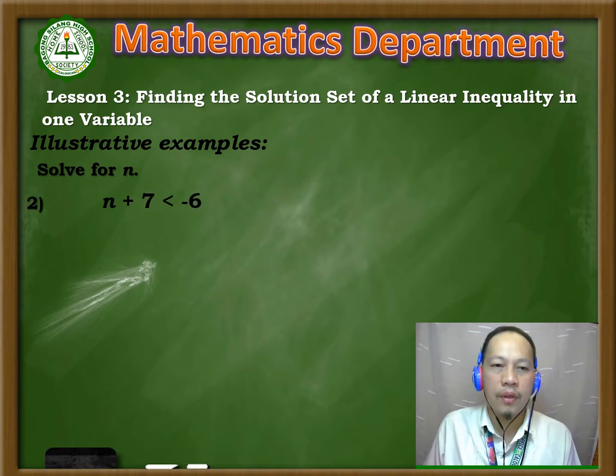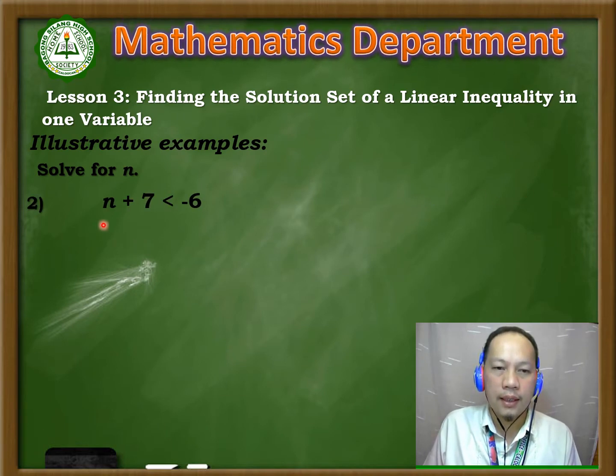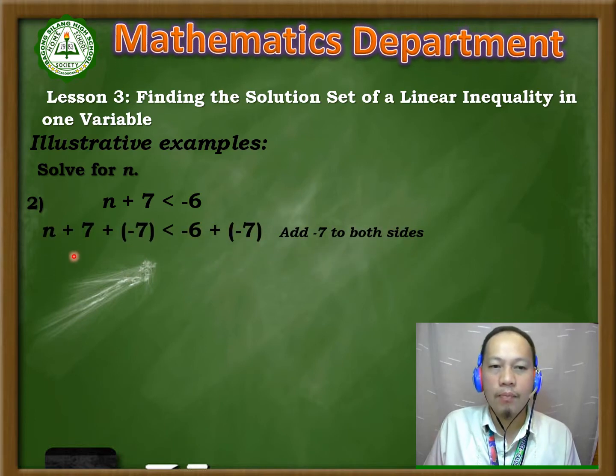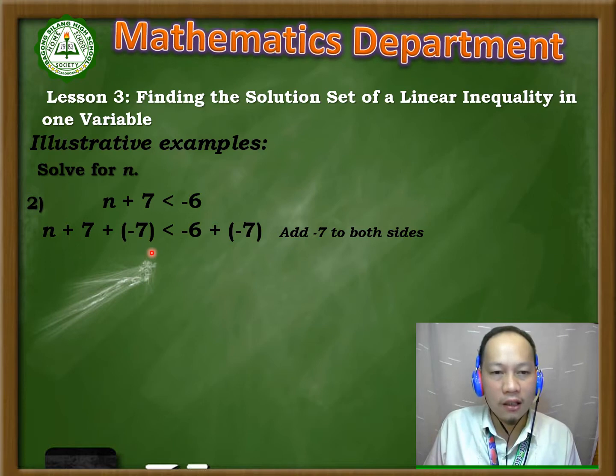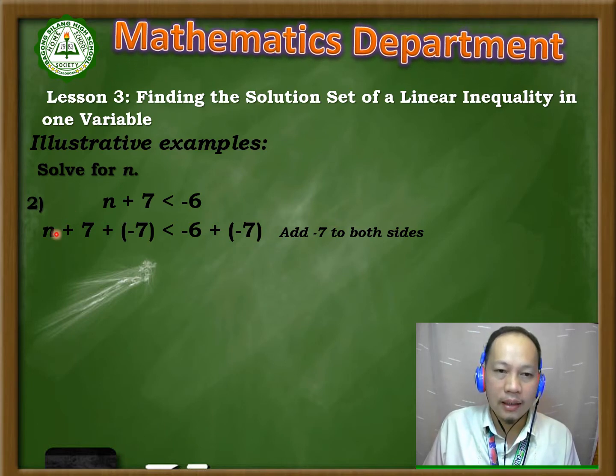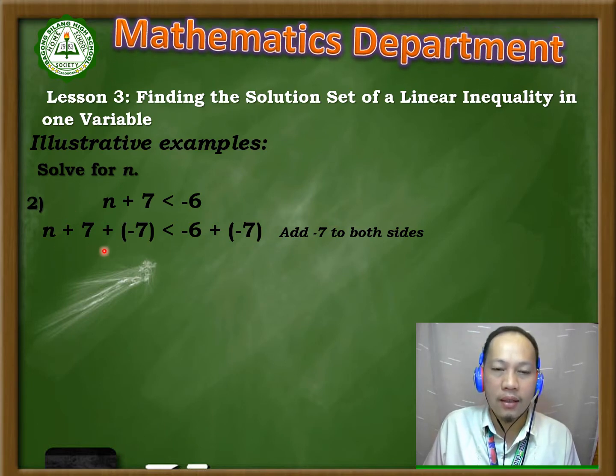Let's have number 2. n plus 7 is lesser than negative 6. Then n plus 7 plus negative 7 is lesser than negative 6 plus negative 7. So what was being added on both sides of this inequality? Correct. That's negative 7 on both sides.